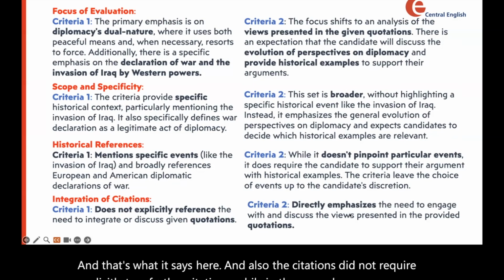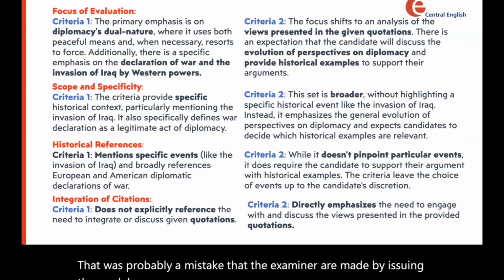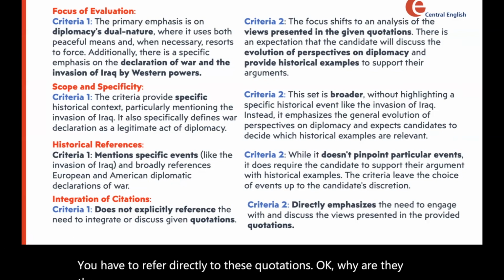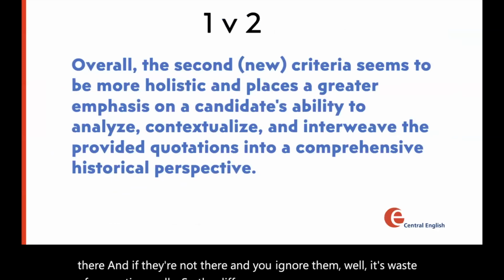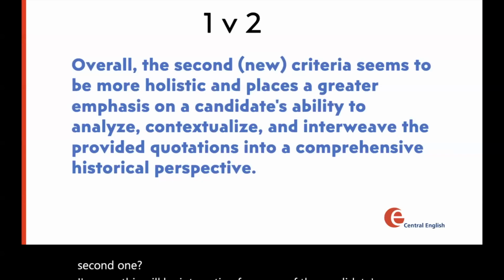And that was probably a mistake that the examiner made by issuing the model response too early. You have to refer directly to these quotations. Why are they there? If they're not there and you ignore them, well, it's a waste of a question, really. So the difference between the first one and the second one, I'm sure this will be interesting for many of the candidates this year.